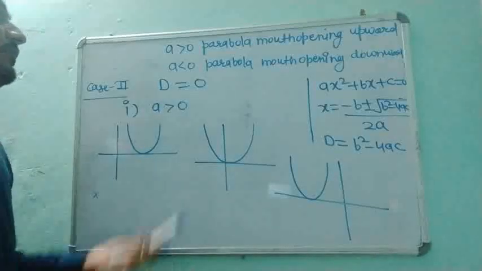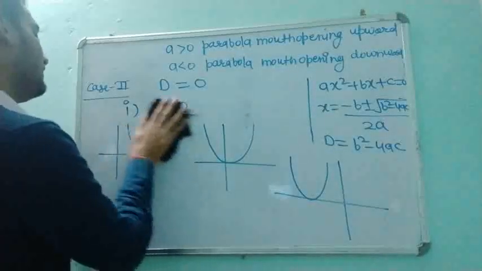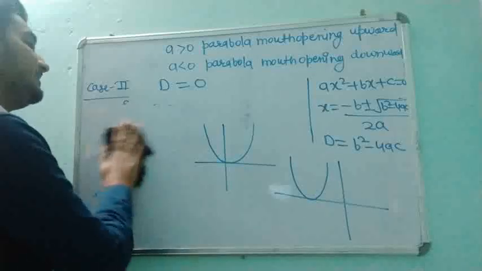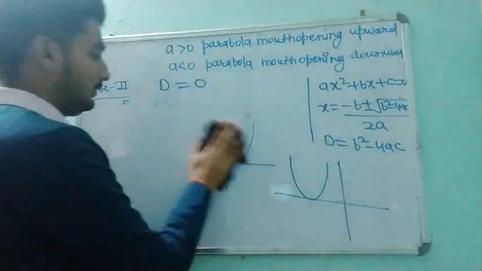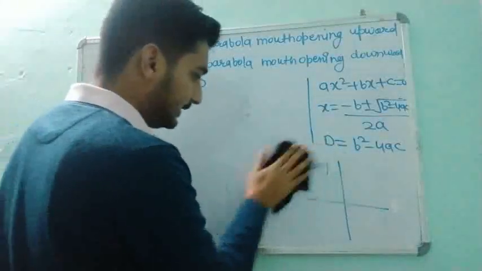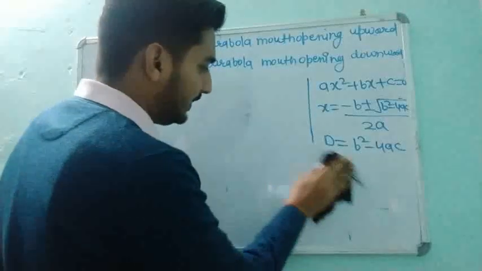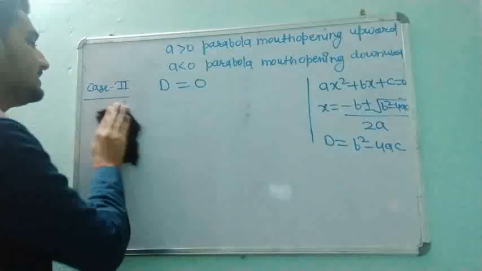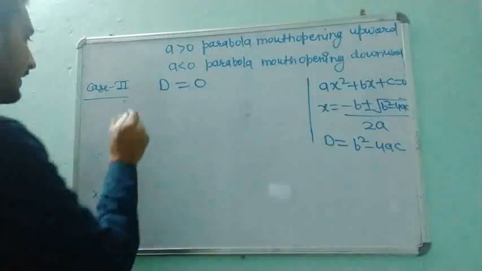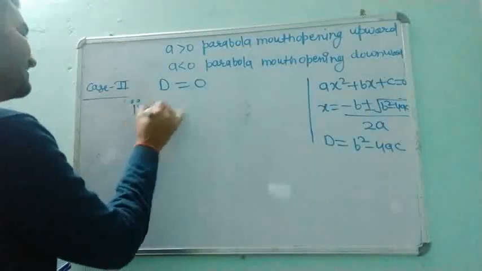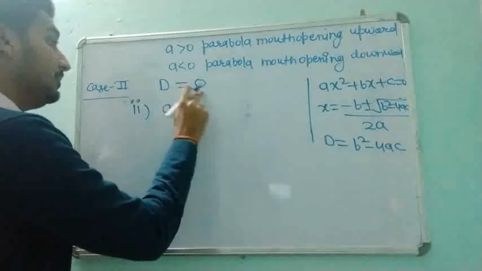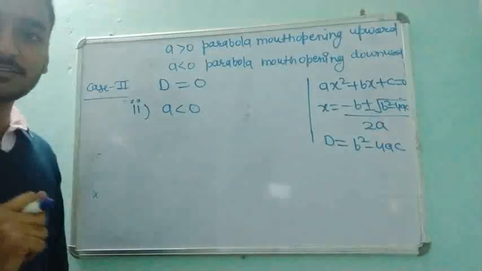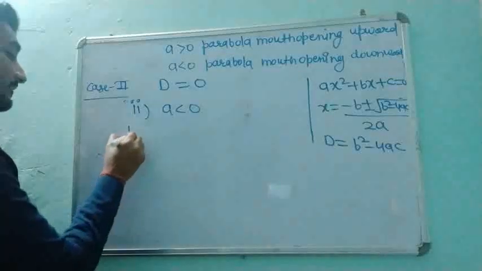Similarly, for a less than 0, the only thing that changes is the mouth opening. All remaining things remain the same. If we have the second case, a less than 0, it means the parabola's mouth is opening downward. But still D equals 0, which means we have one value of x which satisfies the quadratic equation.